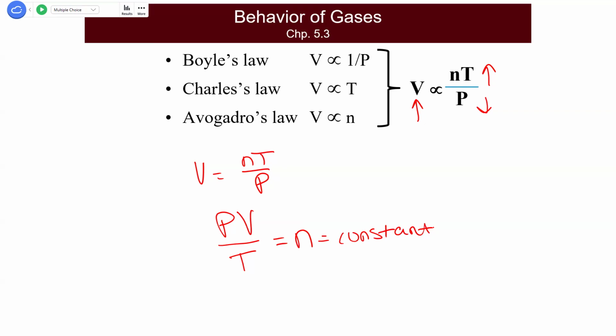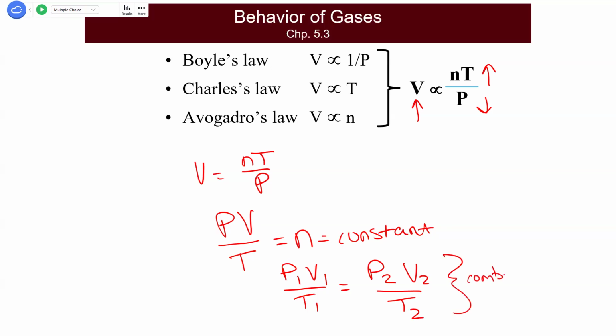So now we can change all three states of our gas: the pressure, volume, and temperature. This becomes P1 V1 over T1 equal to P2 V2 over T2. This is known as the combined gas law.